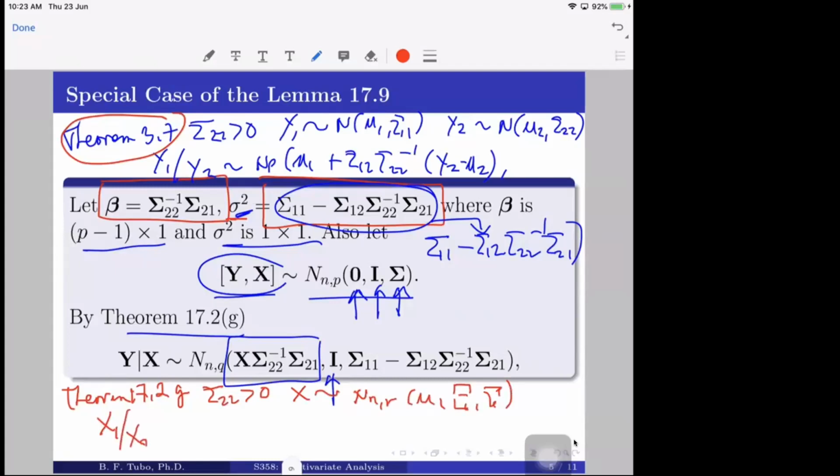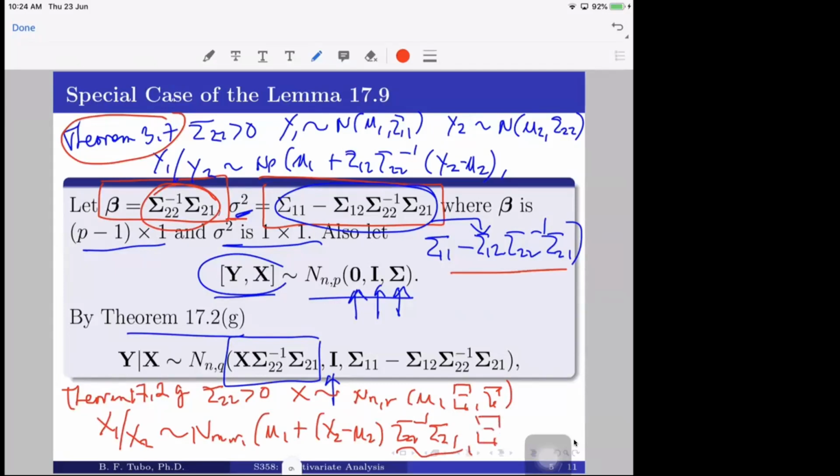The x1 conditional on x2 will be normal, mu1 plus (x2 minus mu2) sigma 2 inverse sigma 2,1. So this is actually this part, and then psi.